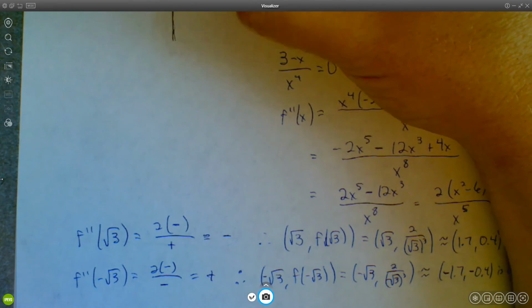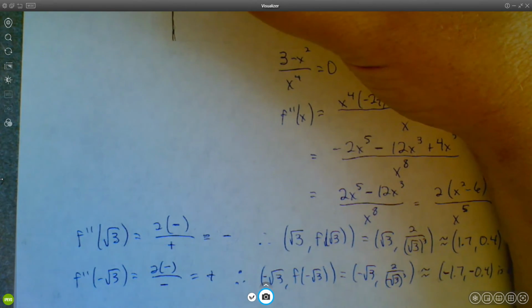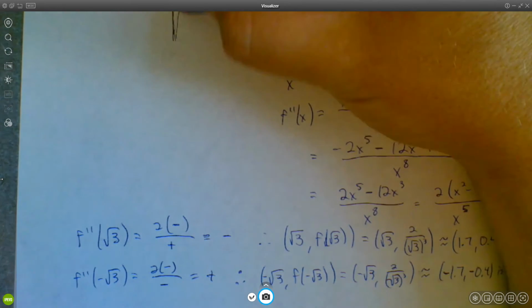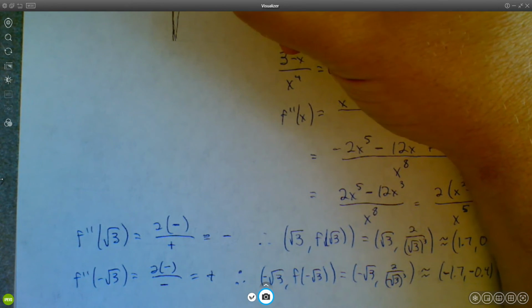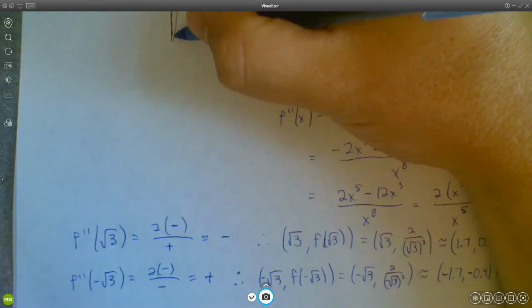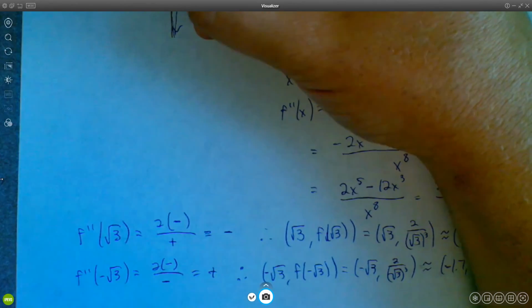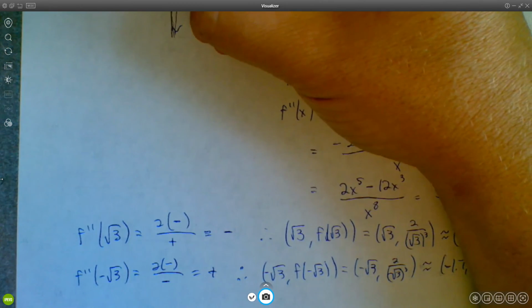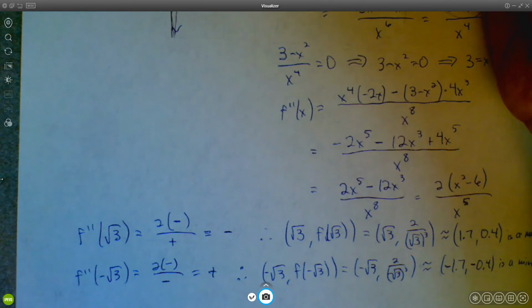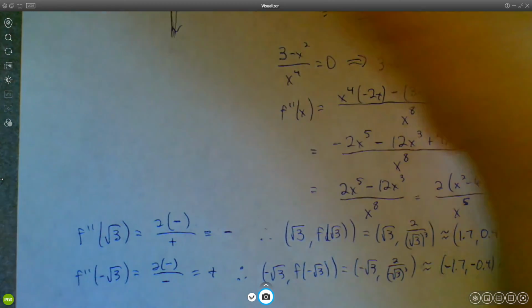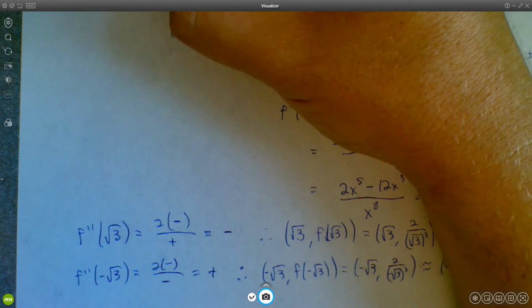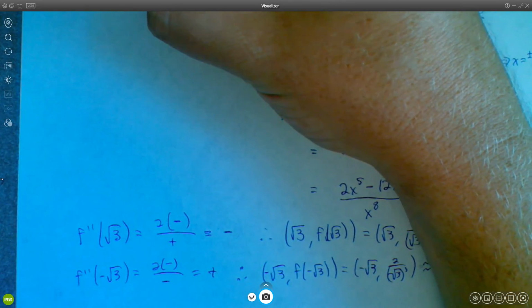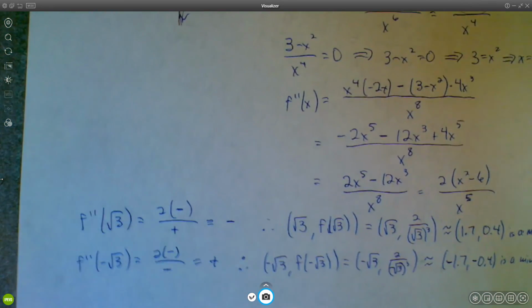So that tells me that I reach a maximum and then I start to decrease, right? So the function must look like this. And then on down here, this is a relative minimum.